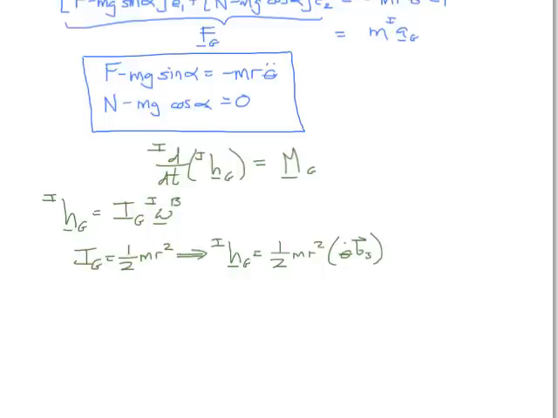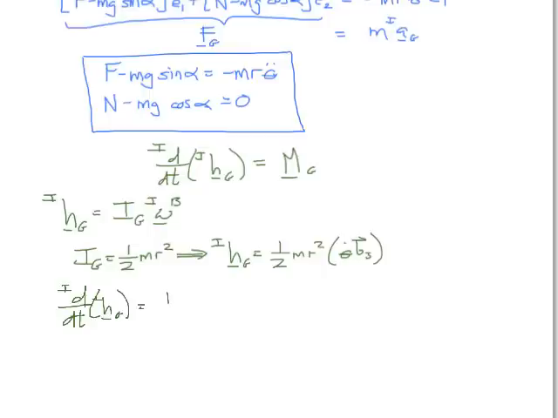And so here we can substitute in our angular velocity, which is theta dot b3, to get our angular momentum as observed in the inertial reference frame, is our moment of inertia 1/2 mr squared multiplied times theta dot in the b3 direction.